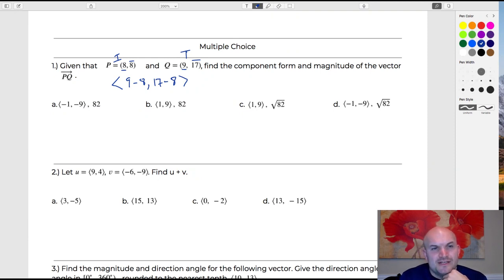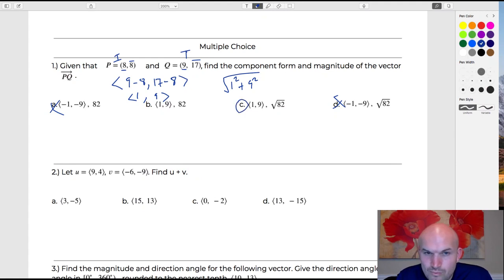So that gives me <1, 9>. And then find the magnitude. Okay, so it's not this answer. The magnitude is going to be the square root of 1 squared plus 9 squared, right? So I can see my answer is going to be C, because 9 squared is 81 plus 1 squared would be 82.